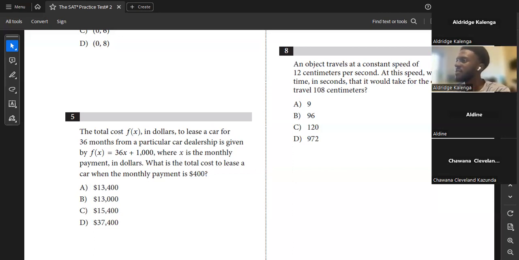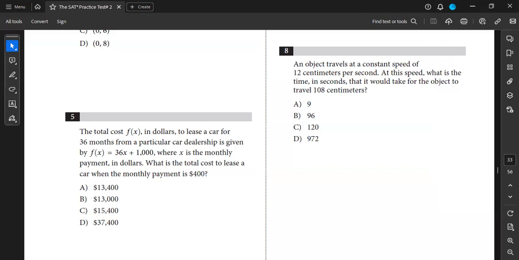So the way I see it, an object traveled 12 centimeters. So you've got distance and time basically, right? So 12 centimeters each second. So 1 second, 12 centimeters, but for 108 centimeters, what is the time?